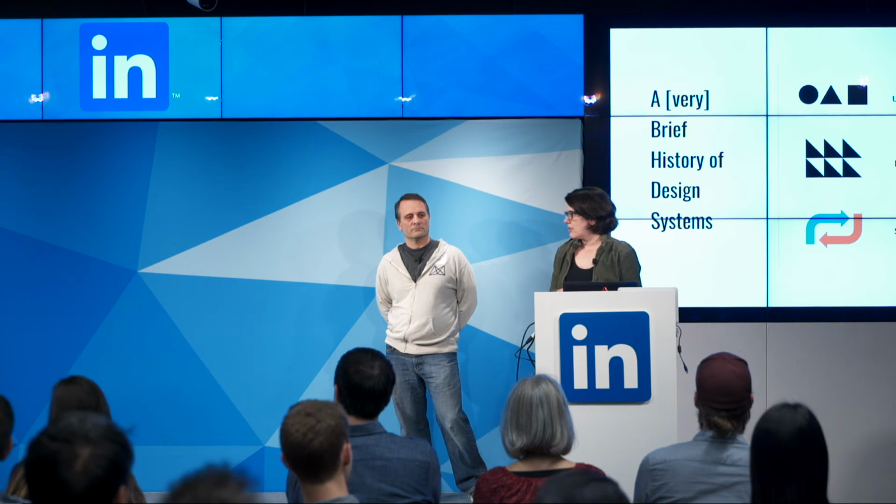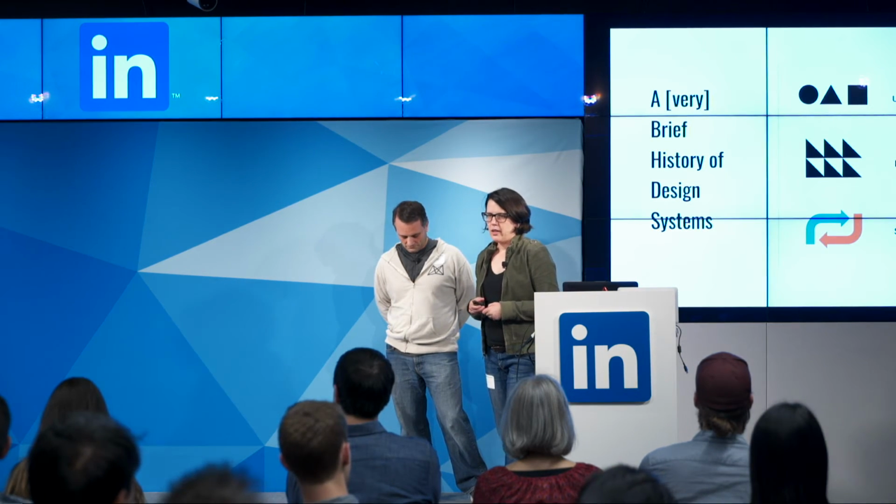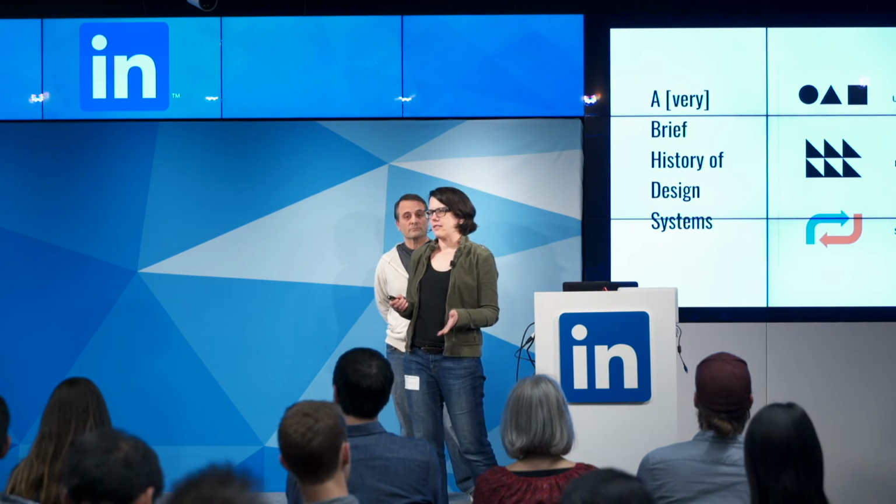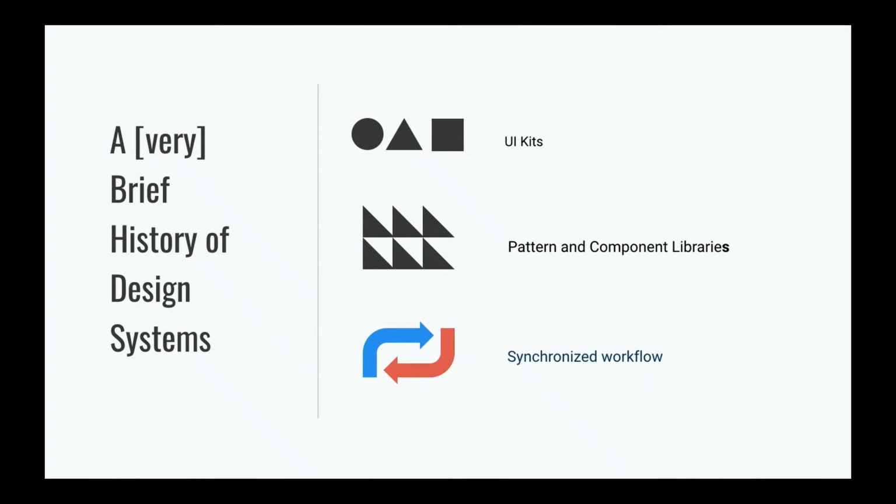What we want to get to is a synchronized workflow. What this means is dev informs design, design informs dev. So it's not handoff, it's not design just saying, here, build this exactly the way I say. It's a back and forth process where our code is informing our design, and our design is informing our code. There's a couple of ways to do this. You could design in code, that's a way to do it.